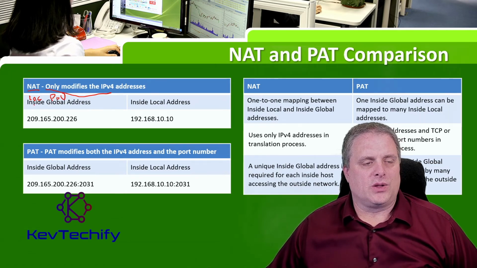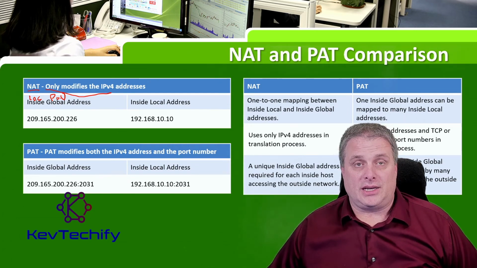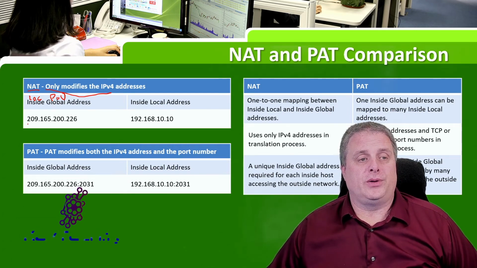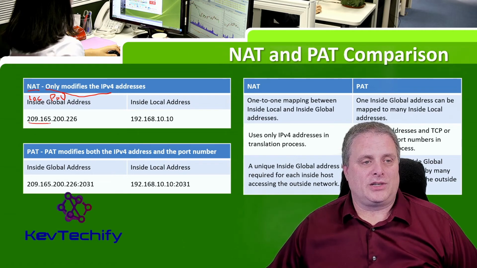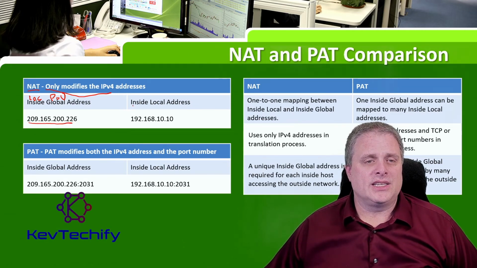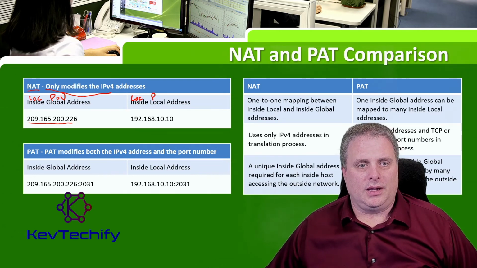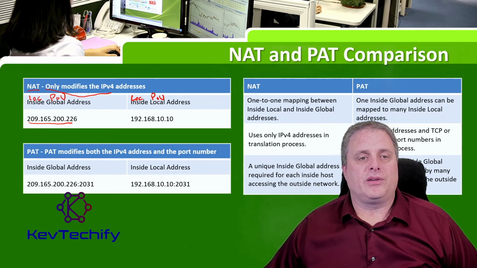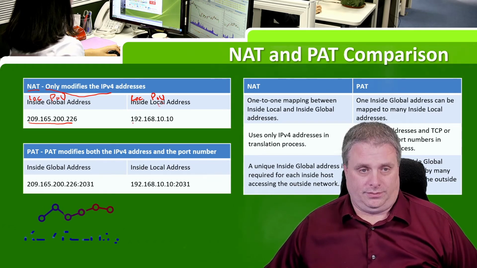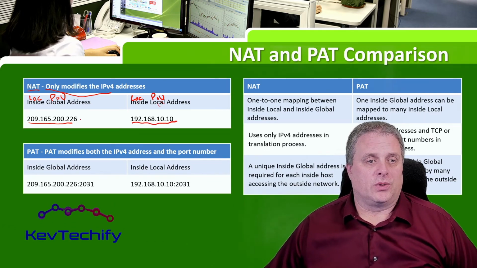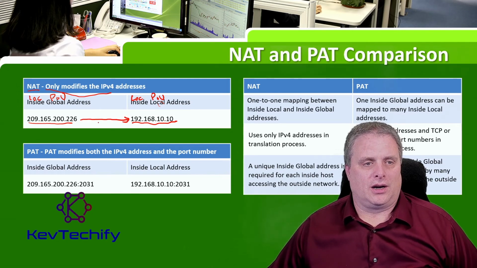The device is located inside of my network, but we're viewing it from the outside, from the global point of view. This is the address there. Here's the inside local. So this is location and point of view. We're on the inside of our network and we're viewing it from our local area network. This is the address. And so this is the translation here.